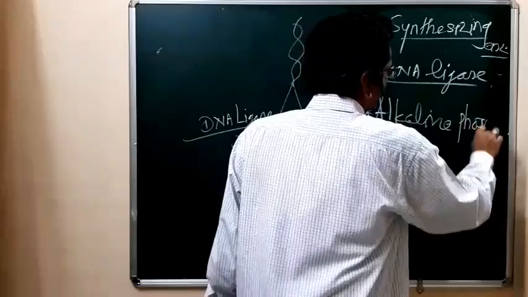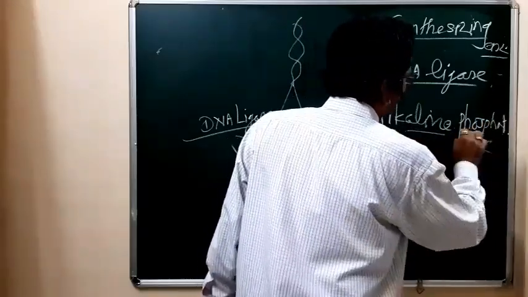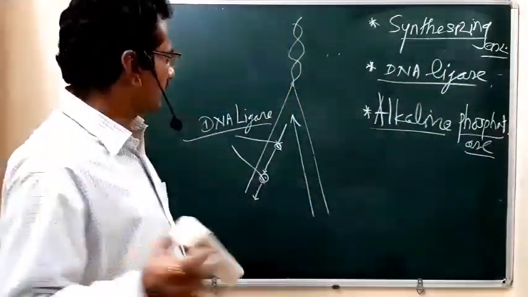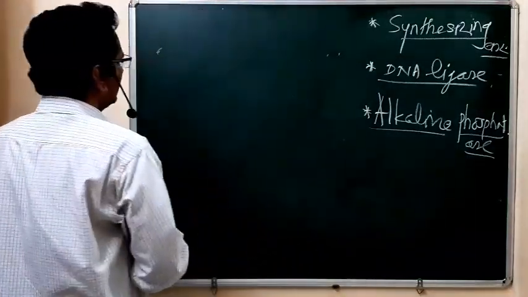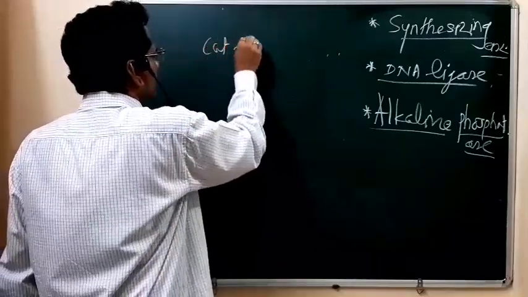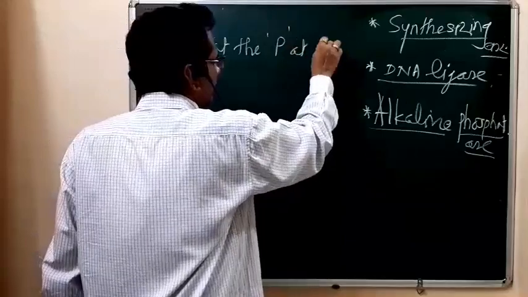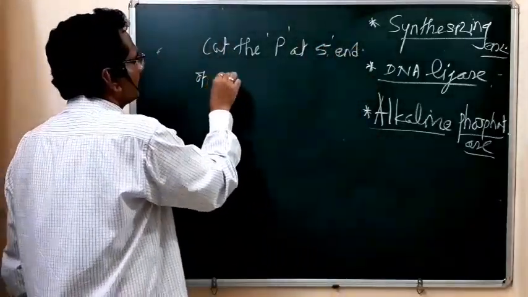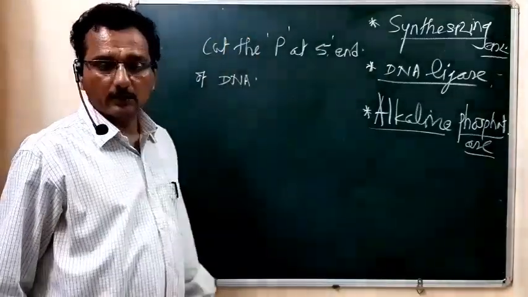phosphatase enzyme. What does this alkaline phosphatase enzyme do? It cuts the phosphate group at the 5' end of the DNA.